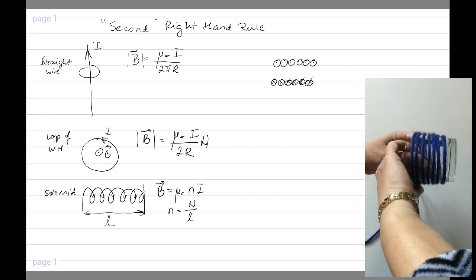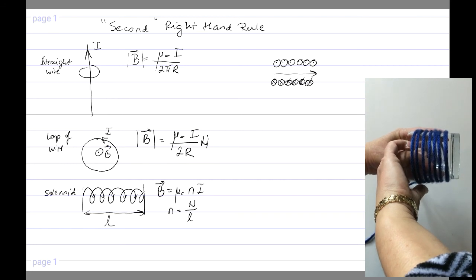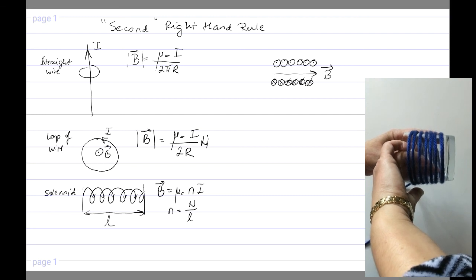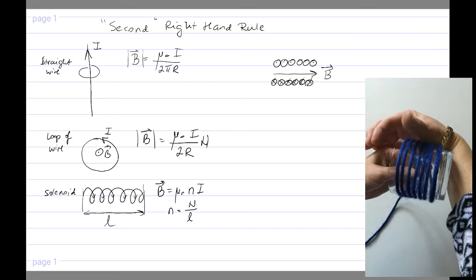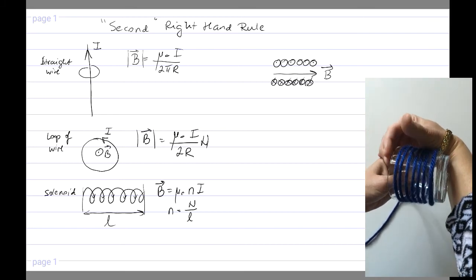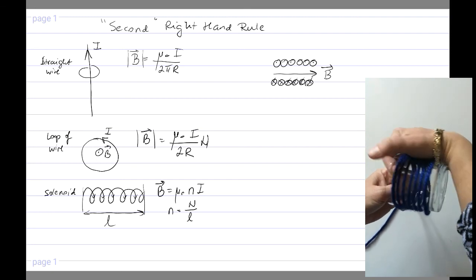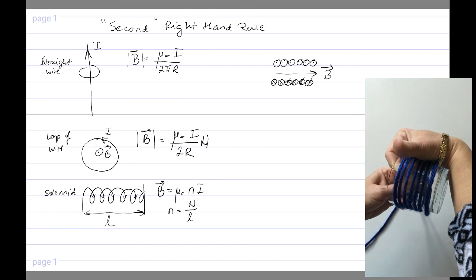So that means that the magnetic field is going to go to the right, inside the solenoid. Okay? You can also look at the top half of the solenoid where the current is coming out. So you place your thumb so it comes out of the page, and then the bent fingers inside the solenoid will also go to the right.